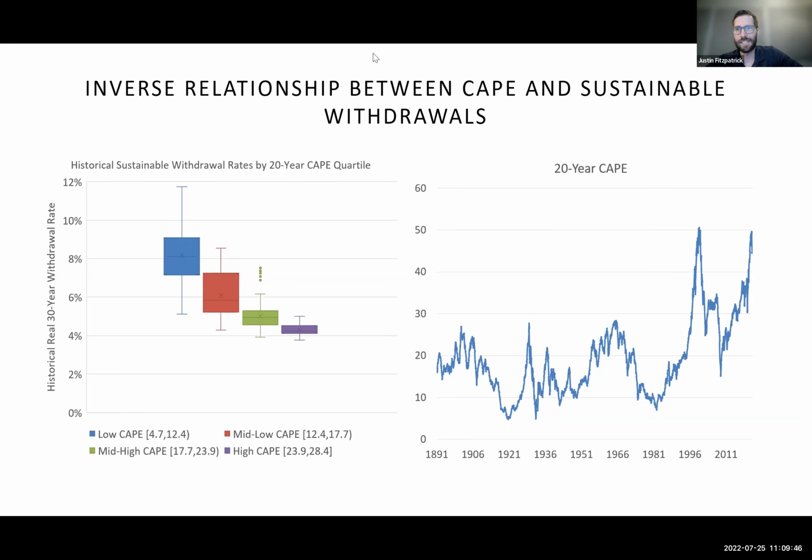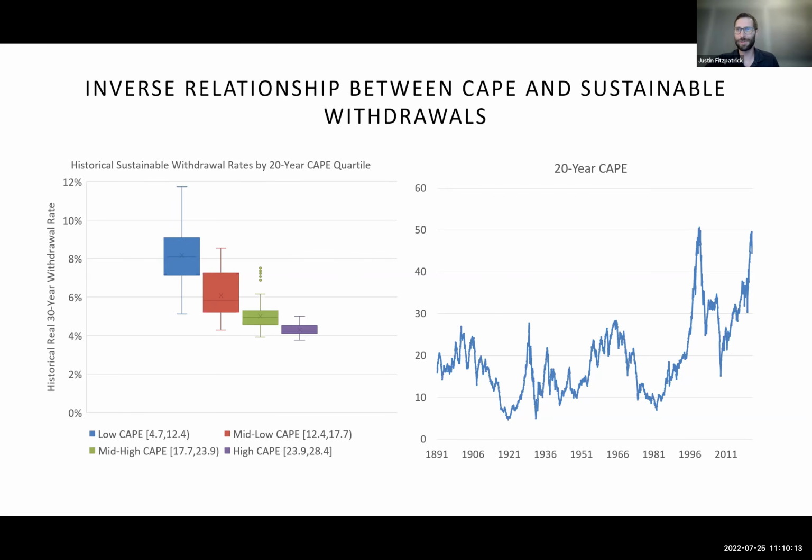And you can see that since about the late 90s, CAPE has been elevated quite a bit compared to history. The one exception was the 2008 period. There is a lot of talk about this pattern. And I think there are some plausible reasons to think that it's a little bit of a data problem because earnings measures have changed.